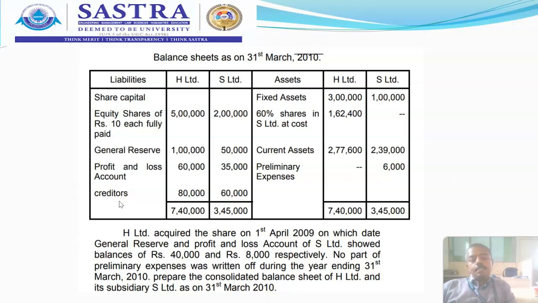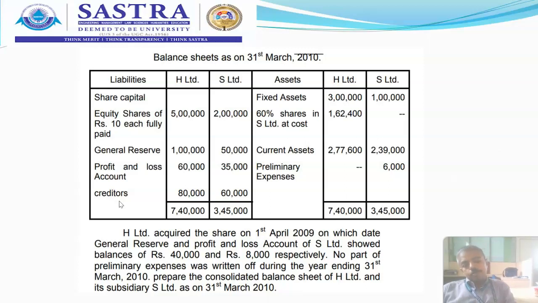So in this background, let me post the general reserve in profit and loss account, ledger account, in debit side. So take the profit and loss account ledger account, go to debit side, transfer to general reserve rupees 10,000.